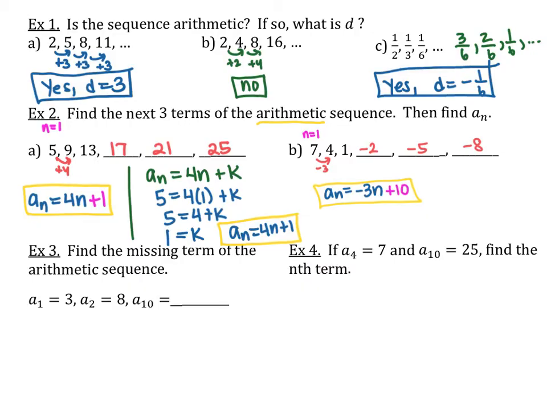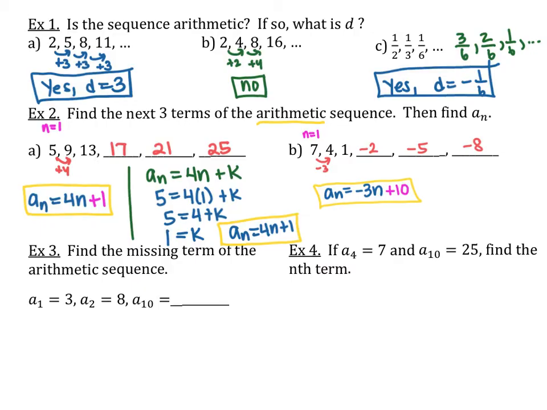And yes, I'm okay with you doing this in your head, but I'll show you how to do it without. For the second term, if I plug in 2, negative 3 times 2 is negative 6, plus 10 is 4. For the third term, negative 3 times 3 is negative 9, plus 10 is 1. So it does work, and I would double check to make sure it works before you move on.